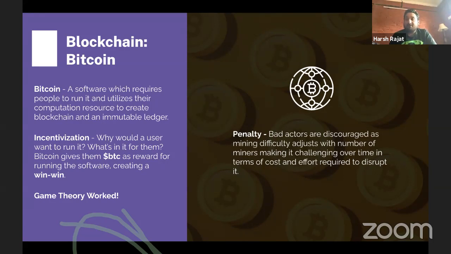But for the users, there was no incentivization part. And that's where Satoshi Nakamoto, a pseudonymous name for the person or group of people who designed Bitcoin, came up with a game theory: what if, when these people running our software contribute to the ecosystem, we start paying them in Bitcoin, a digital currency, once in a while, thereby compensating them for their bandwidth, their cost, and of course for being early adopters.